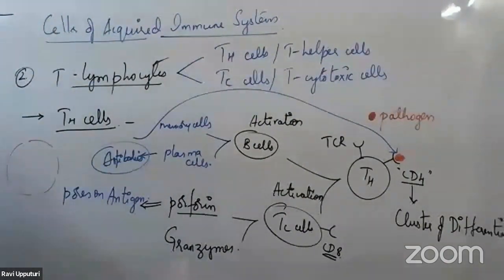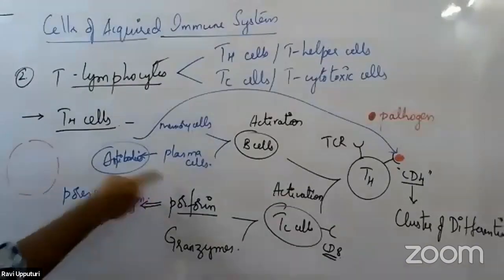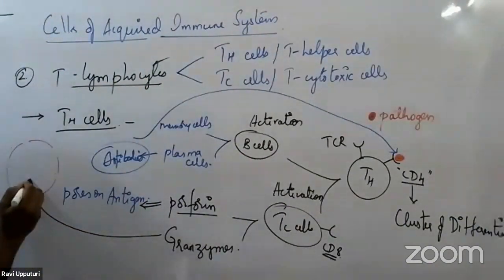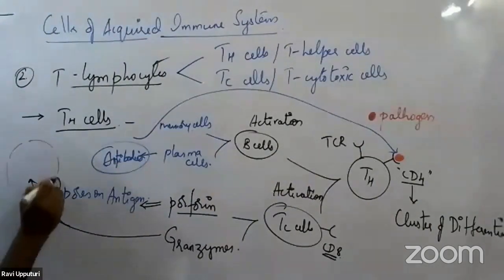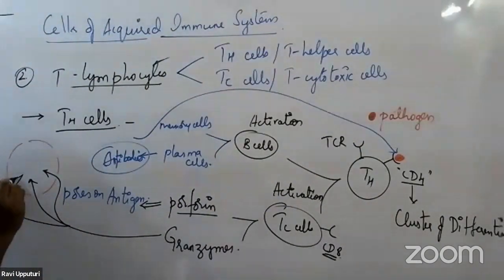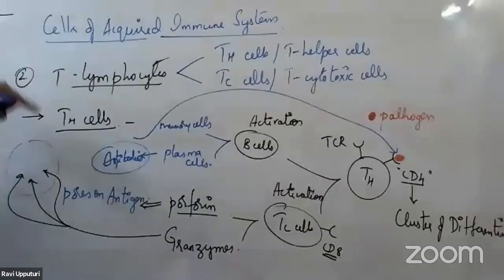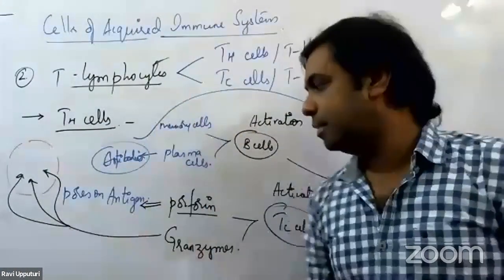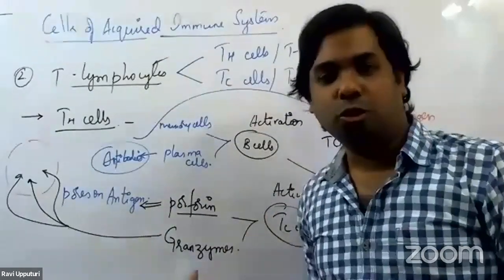Once the pores have been made with the help of perforin, the granzymes will start entering through the pores, and they will start destroying the antigen that has entered into the body. That's how the T cytotoxic cells usually work.